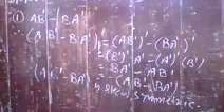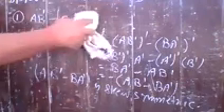Understand? So write the question in this way. Express the following matrices as the sum of symmetric and skew symmetric matrices. Okay.